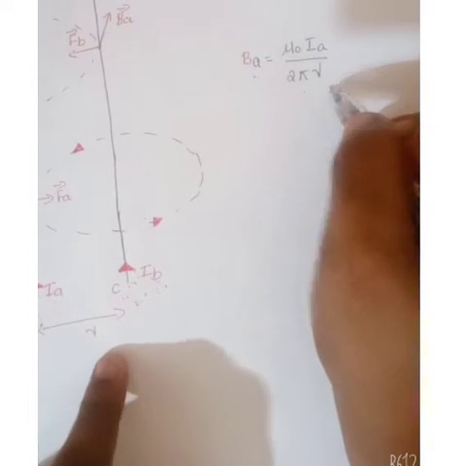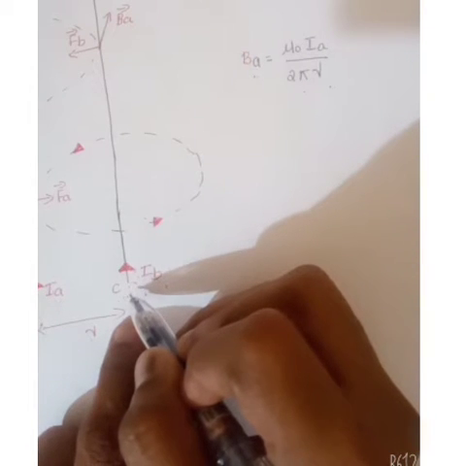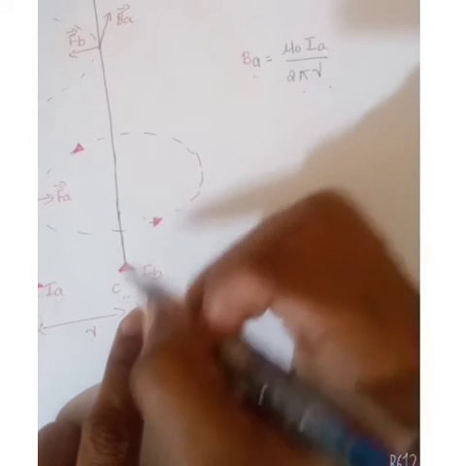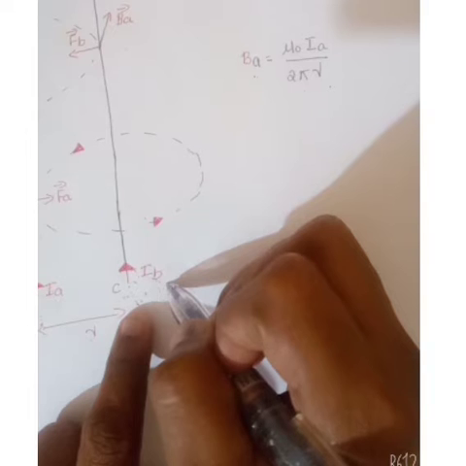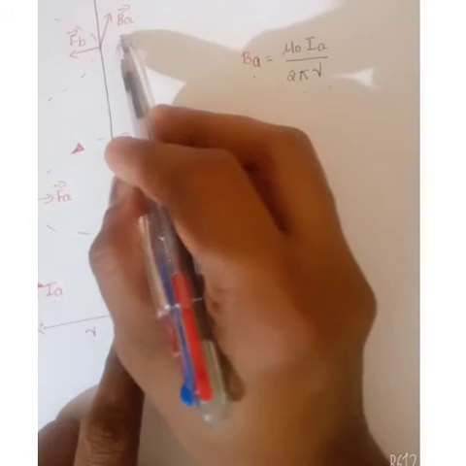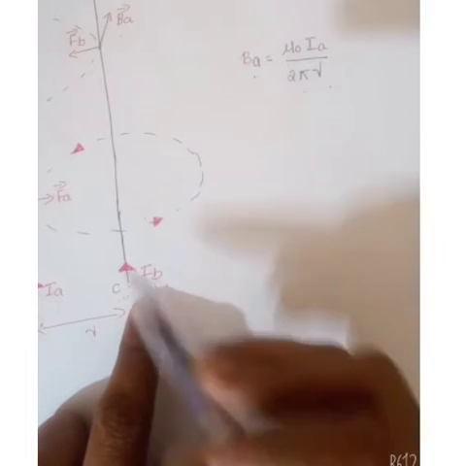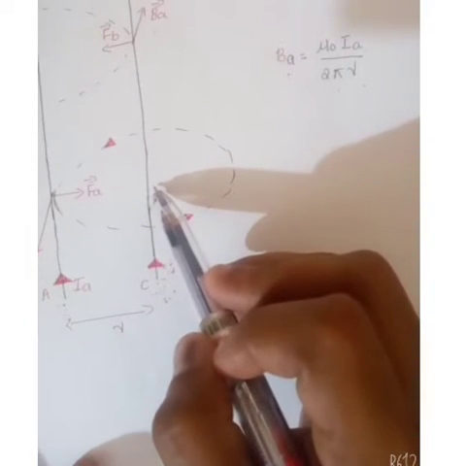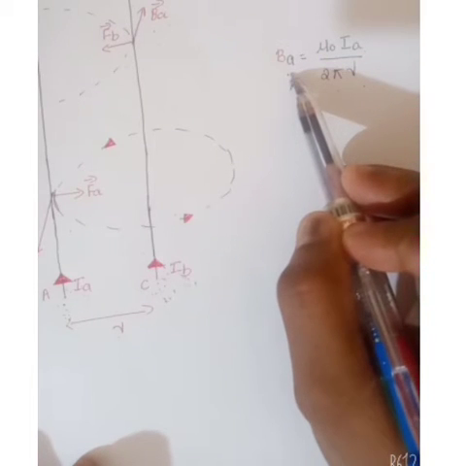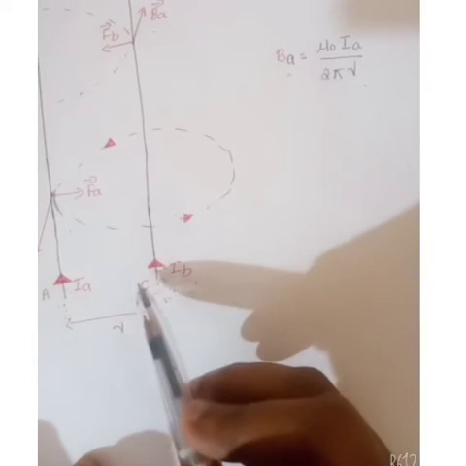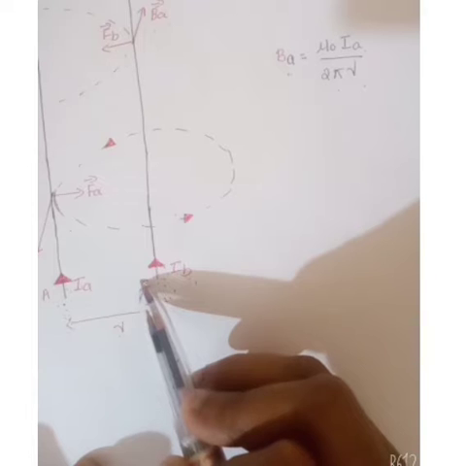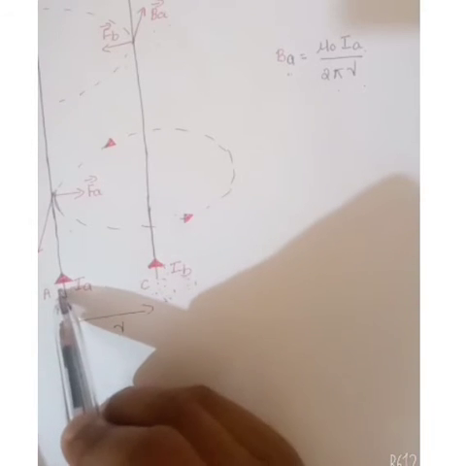The conductor CD carrying a current IB will experience a sideways force due to the field BA. The direction of this force is towards the conductor AB.